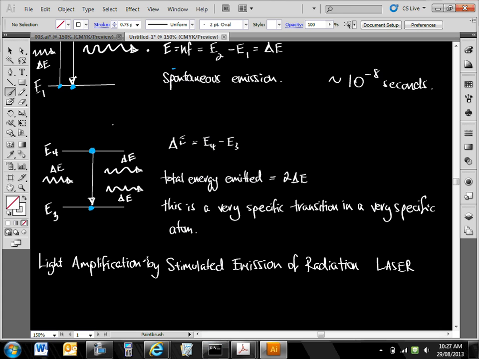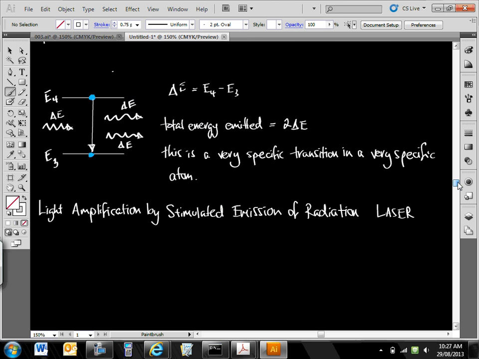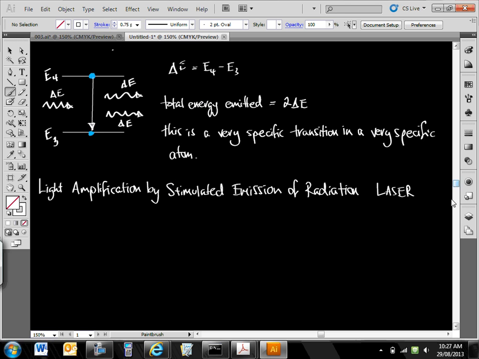Laser. Okay, so they sent some light in. This atom was already in its excited state for some reason, and it sent out twice the amount of light, which was in phase. They were in phase, and they were exactly the same wavelength, monochromatic light. Okay, this is where the laser's application comes in.